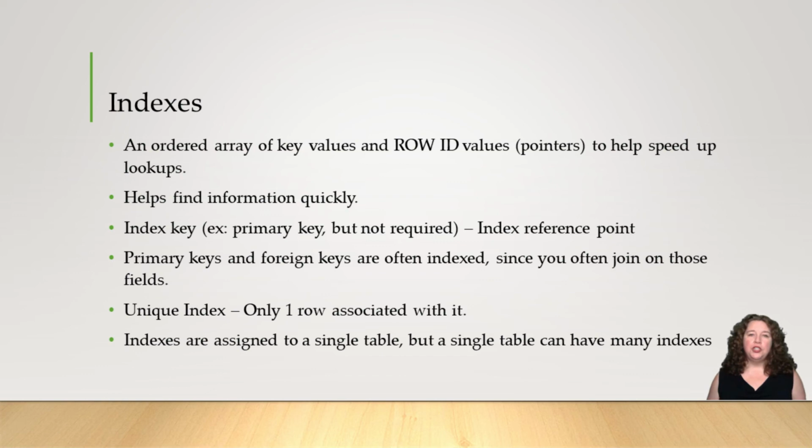If we're going to be doing a join on our primary keys, we're going to want to have that as an index, because when we do our join, we're going to do where our table A primary key is equal to table B foreign key, whatever the name is. If those are already indexed, it speeds up the query because it doesn't have to relook things up. It's got it in a key value pair that it can use.